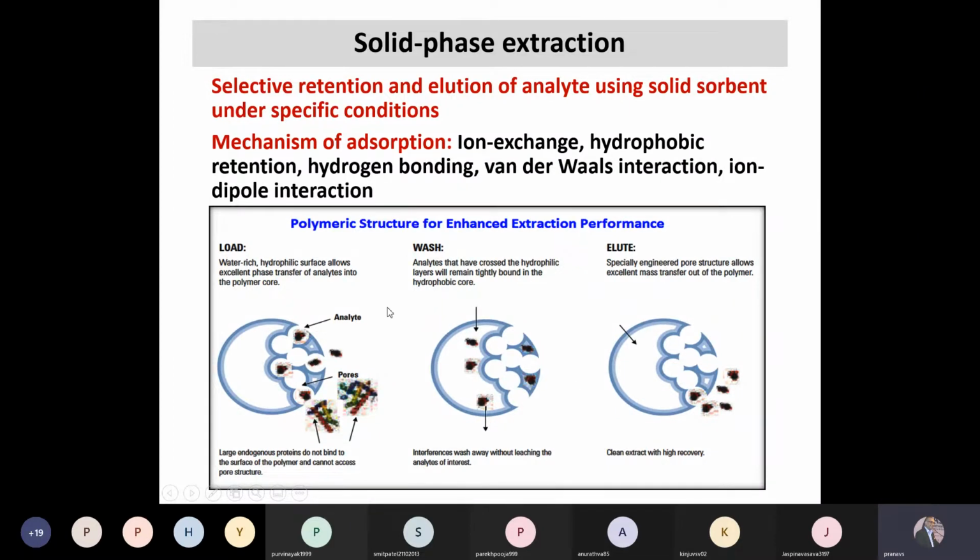And then again, this has the same steps: loading, washing, and elution. Elution will finally lead to your analyte of interest separated from the matrix. Washing is to elute the unwanted things, and loading means when you apply your sample to your stationary phase or the solid phase.